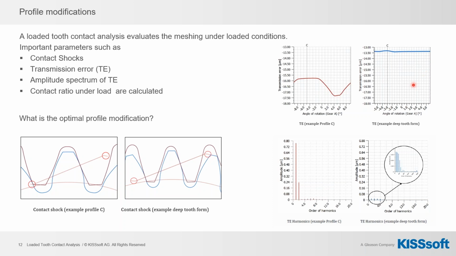And this is important to understand. So if the gear macro geometry is not well designed, we can't expect to have a nice and low noise mesh after applying some micro geometry. Obviously, the optimization starts already with the macro geometry design.